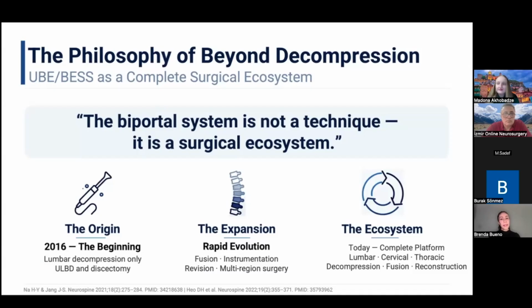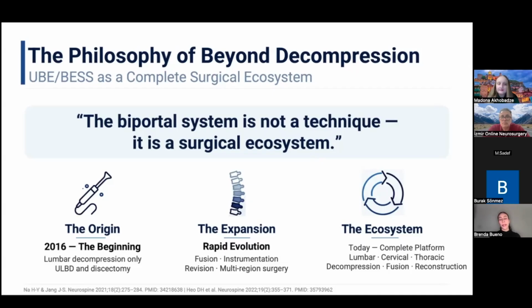In the beginning we could only do decompression and discectomy, but the quick adaptation of the technique made it move forward to other indications, like fusion, revision, multi-level decompression, or even tumors, but only for the lumbar.